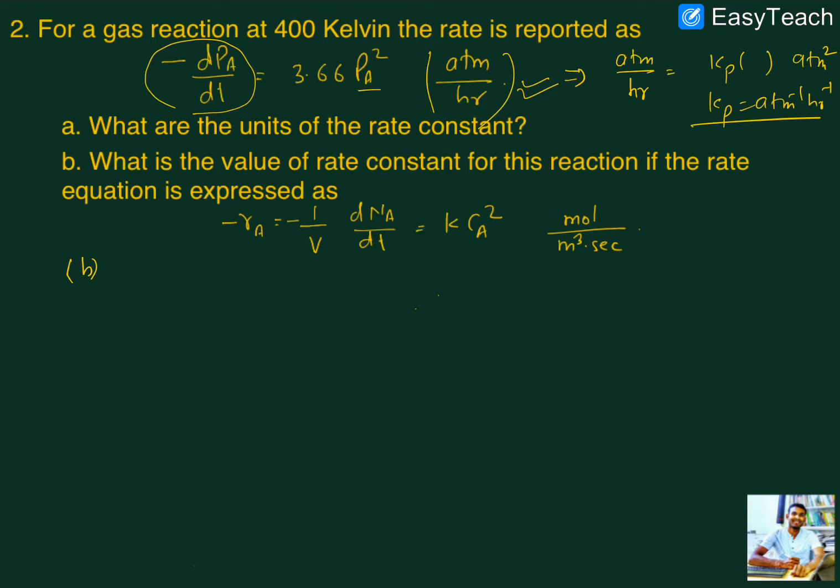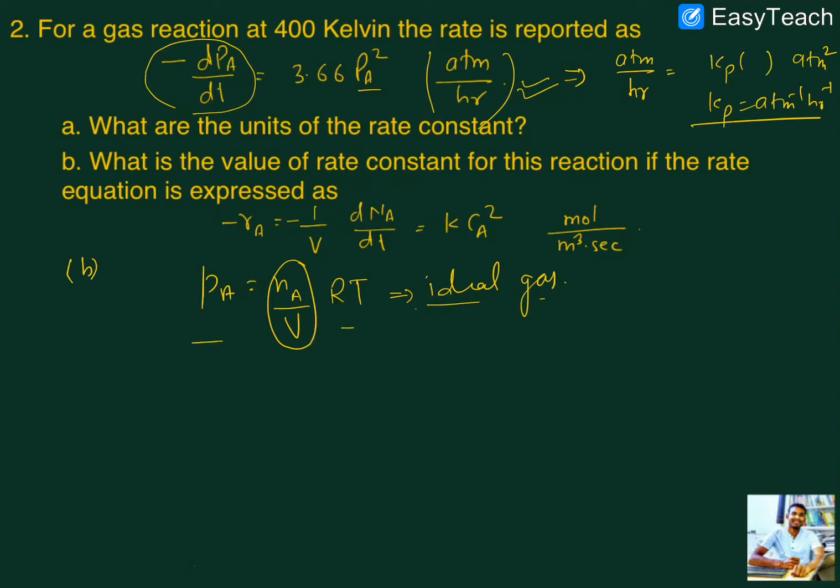Okay, so let us start. As we know, for an ideal gas, P_A is equal to N_A divided by V, into RT. This is the ideal gas equation, and any gas following ideal gas behavior is represented by it.